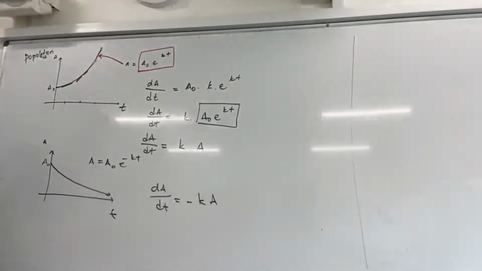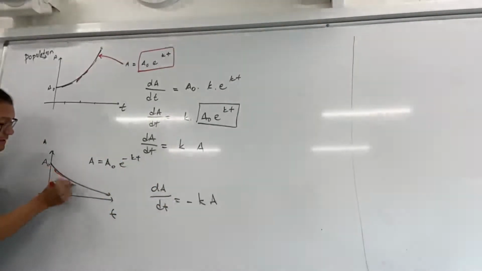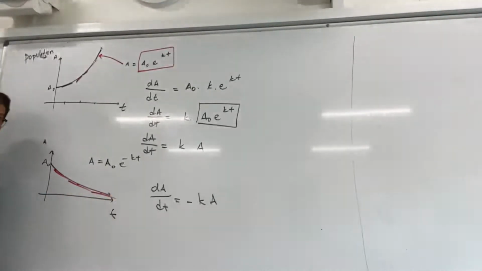Now again, this is the gradient. That's the gradient. And you can see, now it's the exact opposite. As time increases, the population decreases. And when the population decreases, the rate of change also decreases. And it has a negative gradient. But that's all 2 unit.